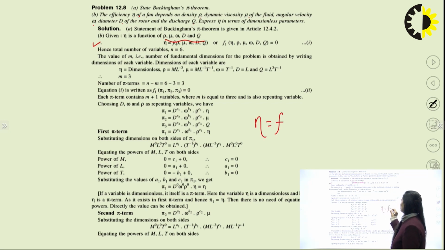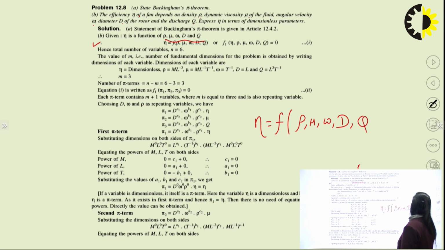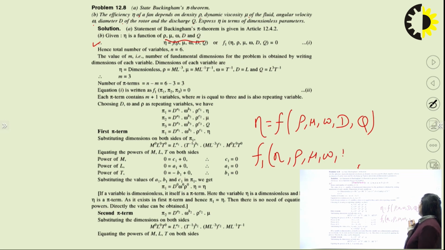Eta is a function of rho, mu, omega, d and Q. Or you can write it as a function f1 of eta, rho, mu, omega, d and Q equal to 0. Now count the variables: 1, 2, 3, 4, 5, 6. So here n is equal to 6.